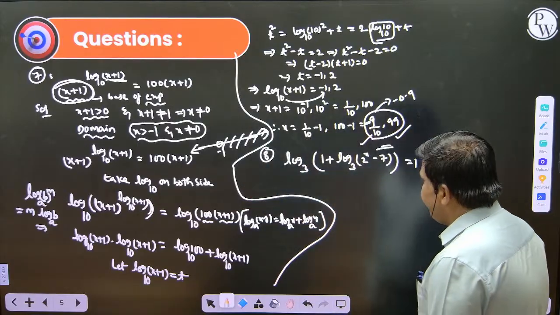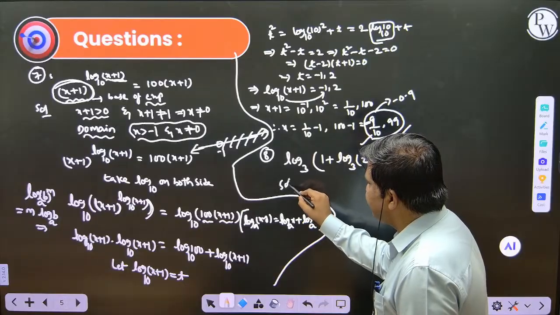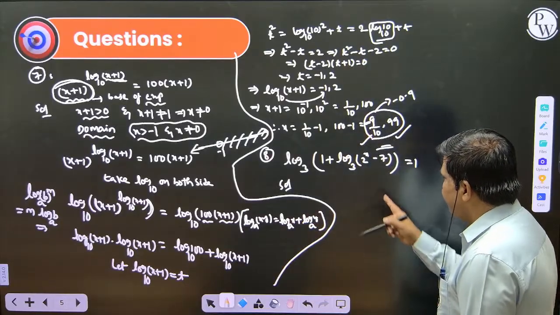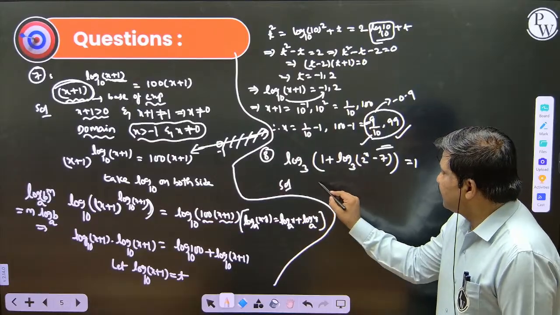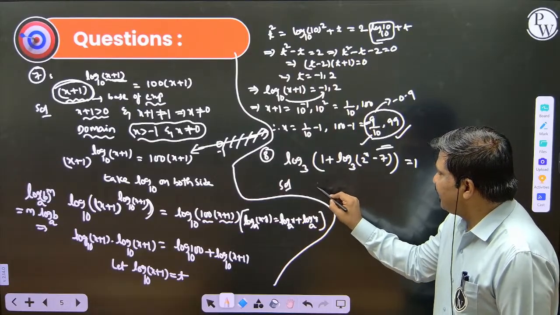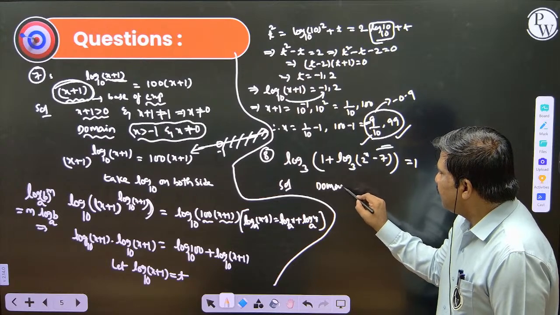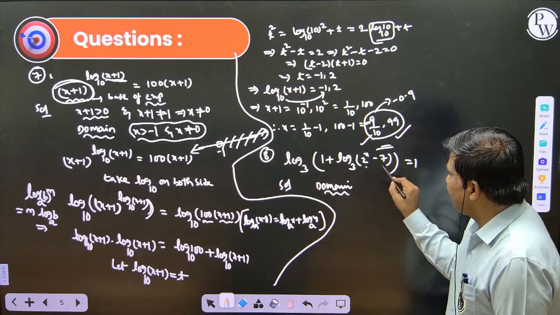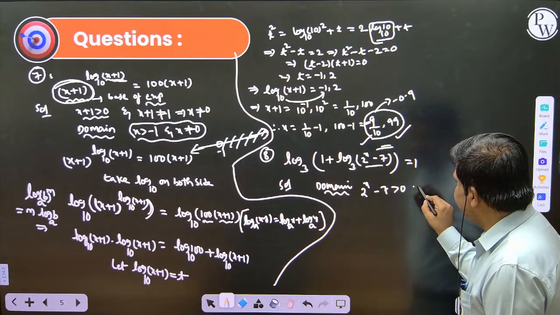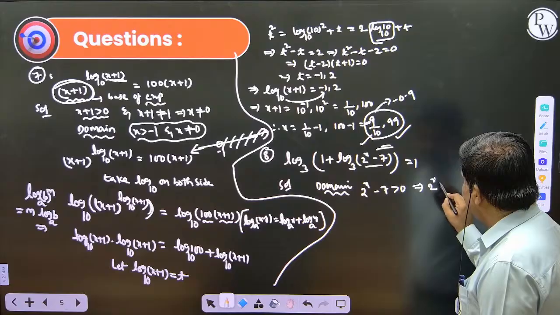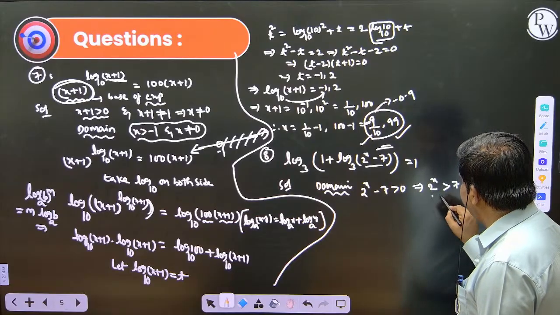Before solving this problem, it is essential to note the domain: 2 power x minus 7 should be greater than 0. What does it mean? Your 2 power x value should be greater than 7.